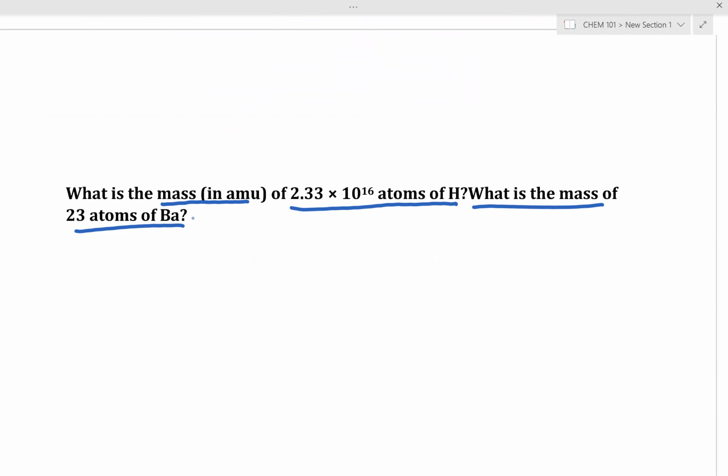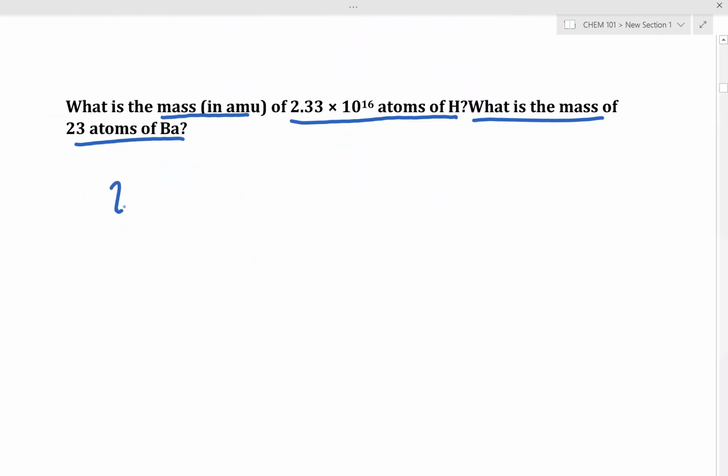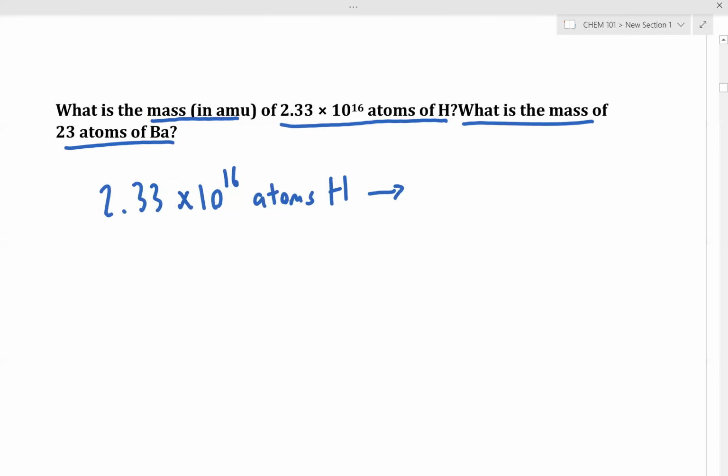Okay, so let's start off with our hydrogen example. We are given that we have 2.33 times 10 to the 16th atoms of hydrogen. And our end goal is what unit? What unit are we trying to reach here? So looking at the problem, what is the mass?